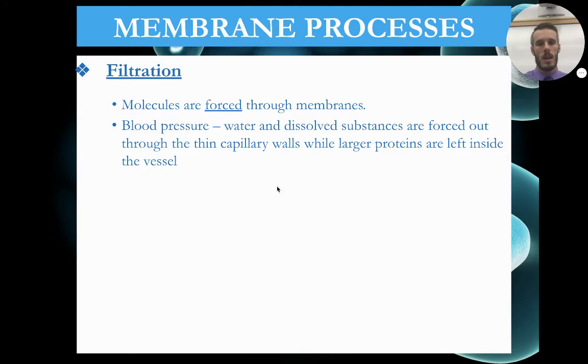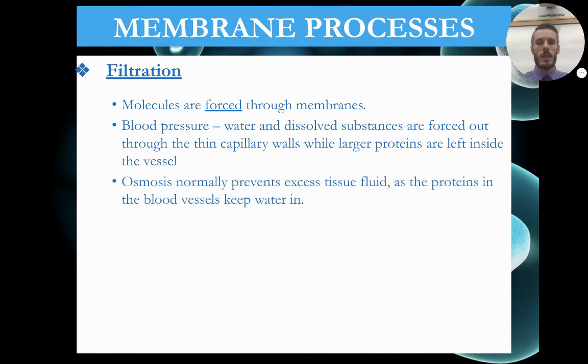Okay, and that is helped by having large proteins on the inside, which will make the water want to go back in because of that high concentration on the inside of the blood vessel.